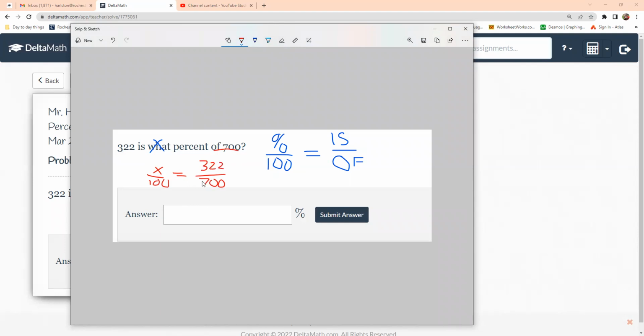Once you get the equation, it's pretty simple. You can solve this without the calculator if you'd like, but I'm going to show you how to use the Inspire.